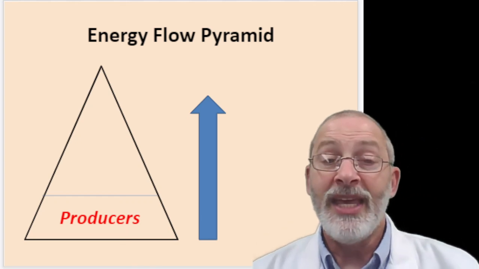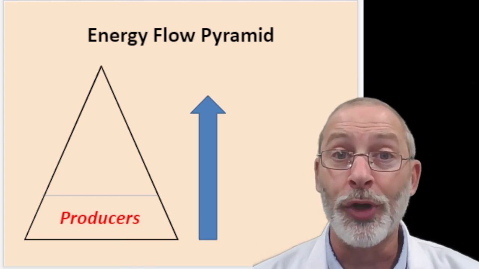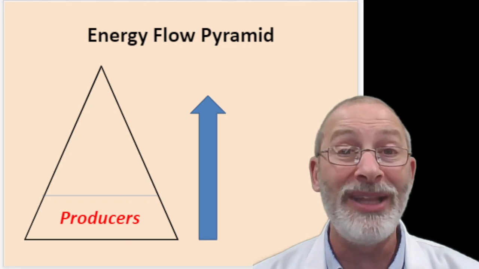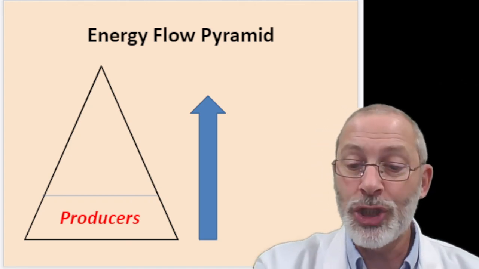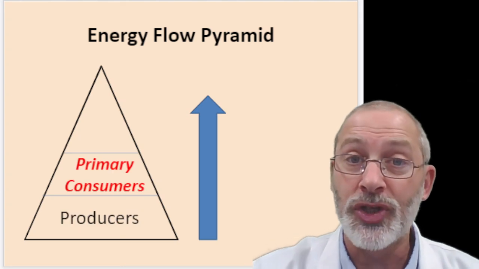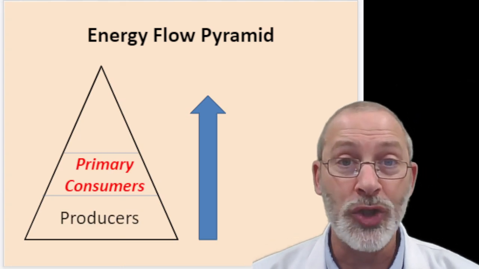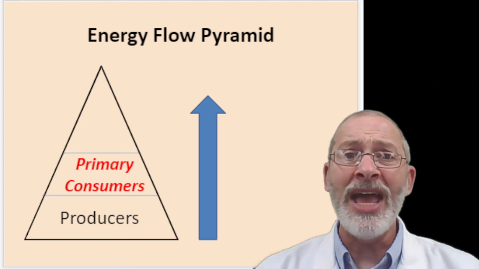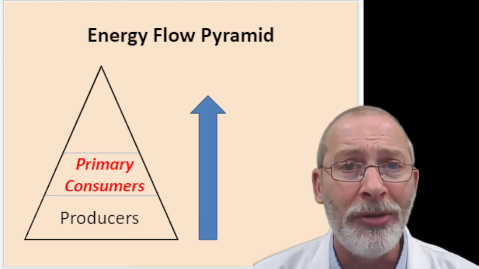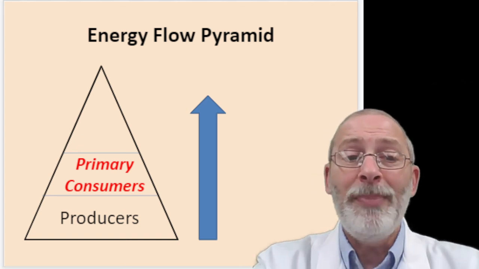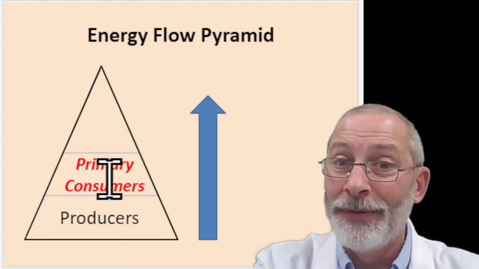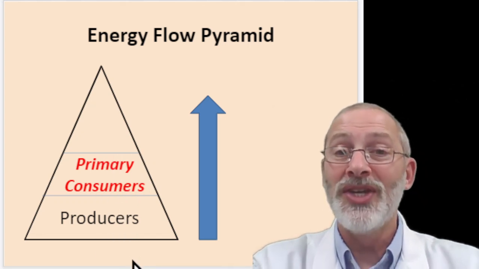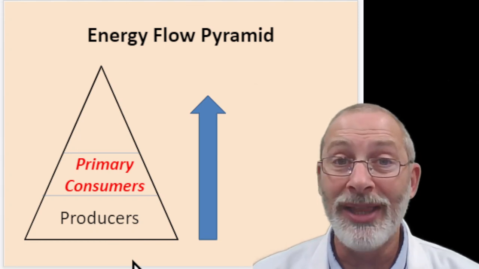You see, it takes a lot of producers. It takes a lot of plants to support a population of consumers, starting with the primary consumers. And as we move up the energy flow pyramid, the population of the group gets smaller, as does the amount of energy left.